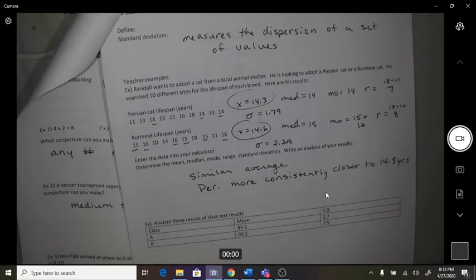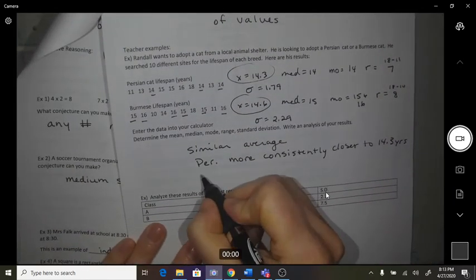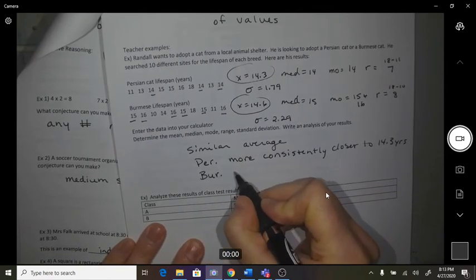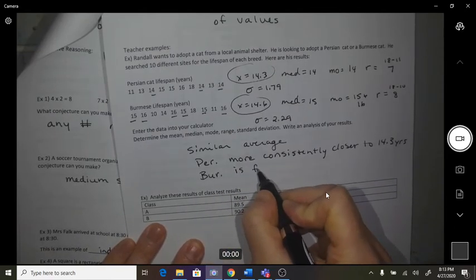So type A is more consistently closer to the average, and type B is further away.